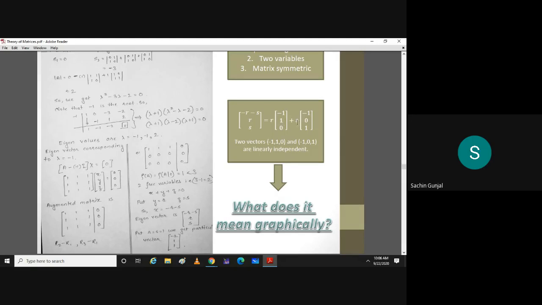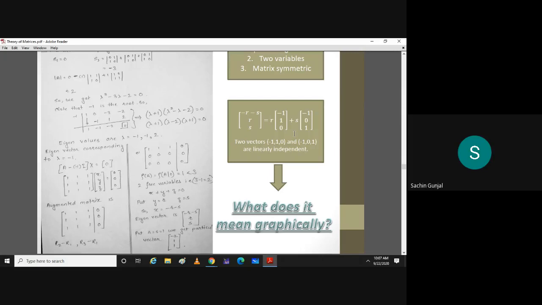If you take r out, the vector is -1, 1, 0, plus taking s out, it becomes -1, 0, 1. These two are representative eigenvectors, and their linear combinations are also eigenvectors. So this is special.